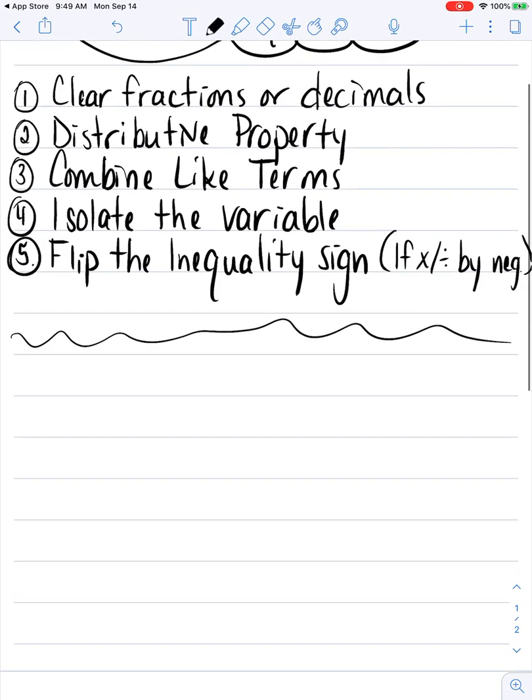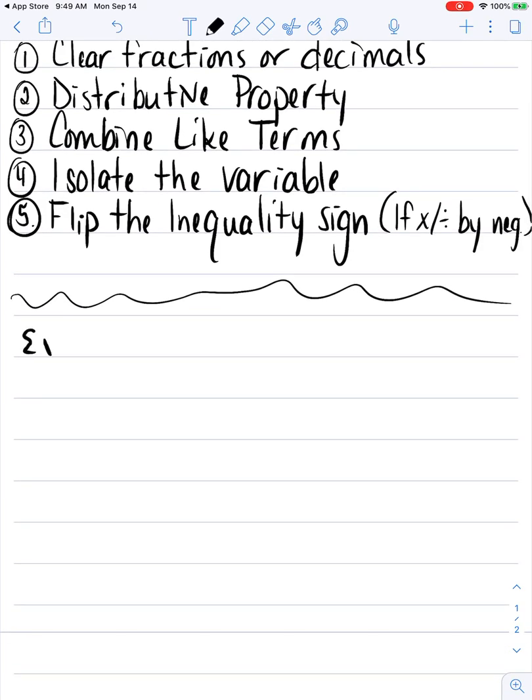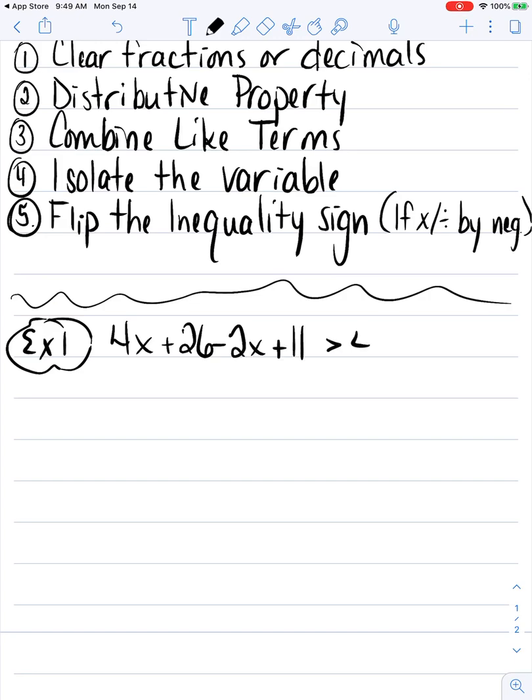So let's practice this. Example 1. First we have 4x plus 26 minus 2x plus 11 is greater than 49. Just as always, I'm going to split this at the inequality sign, and I'm just going to talk through my steps. First, I don't see fractions or decimals.